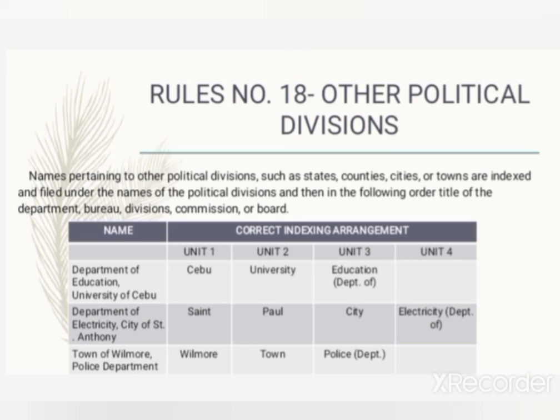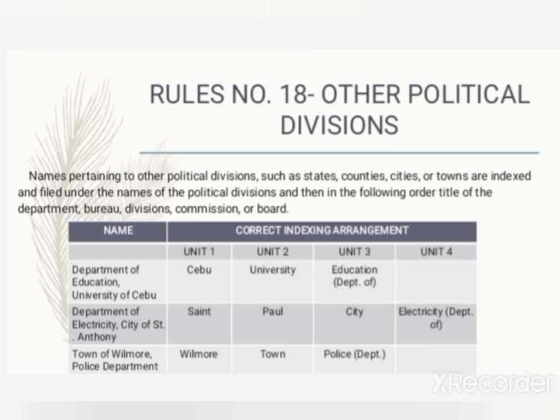Rule number 18. Other political divisions. Names pertaining to other political divisions such as states, countries, cities, or towns are indexed and filed under the names of the political divisions, and then in the following order, title of the department, bureau, division, commission, or board. So the correct indexing of other political divisions is, for example, Department of Education, University of Cebu.